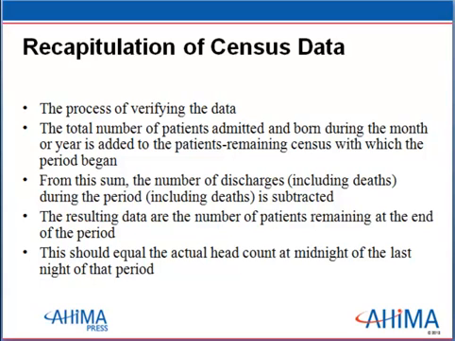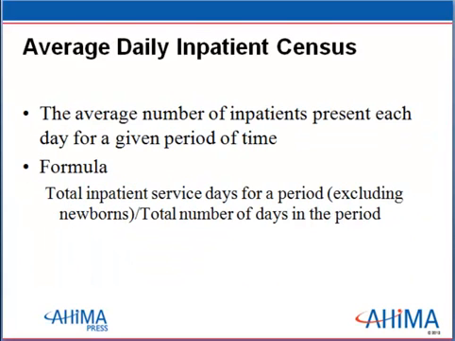From this sum, the number of discharges, including deaths, during the period is subtracted. The resulting data are the number of patients remaining at the end of the period. This should equal, if it's done correctly, the actual head count at midnight on the last night of that period, whether it be that month or that year.